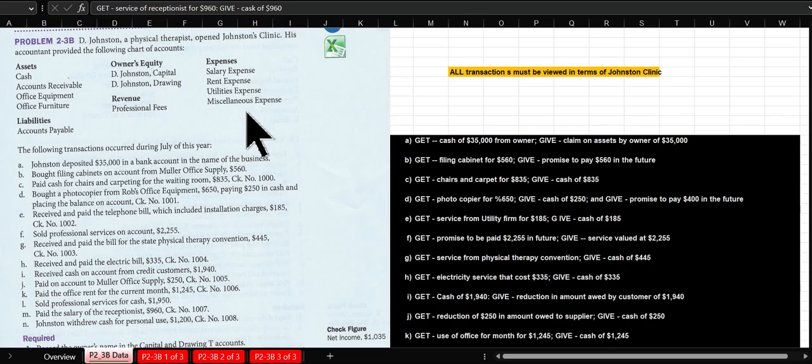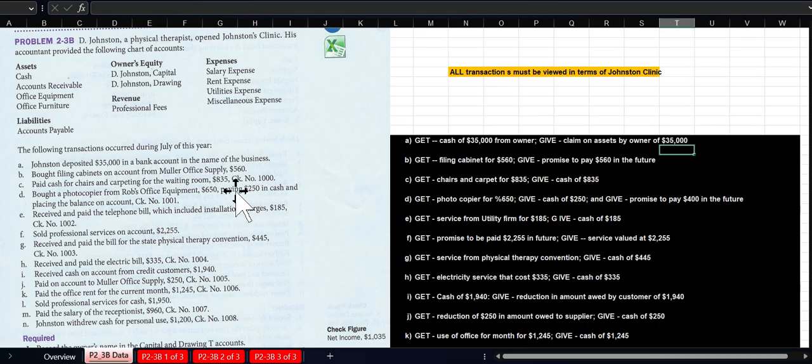They gave Johnston a claim on the business equal to $35,000. And so since we know that every get is going to be debited and every give is going to be credited and the amounts need to be equal, we would also know how to record the journal entries.